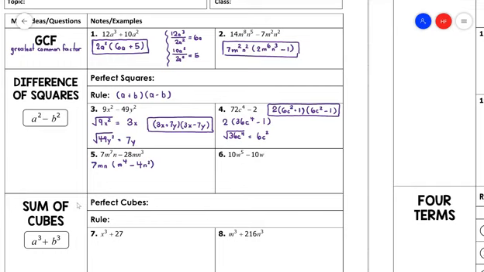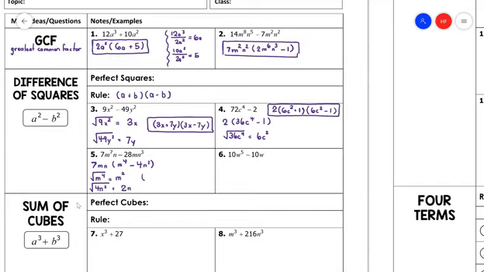So then from there, I would take the square root of both terms that are inside the parentheses. The square root of m to the 4th power is m squared. The square root of 4n squared: take the square root of the number, and it's 2. The square root of n squared is n.